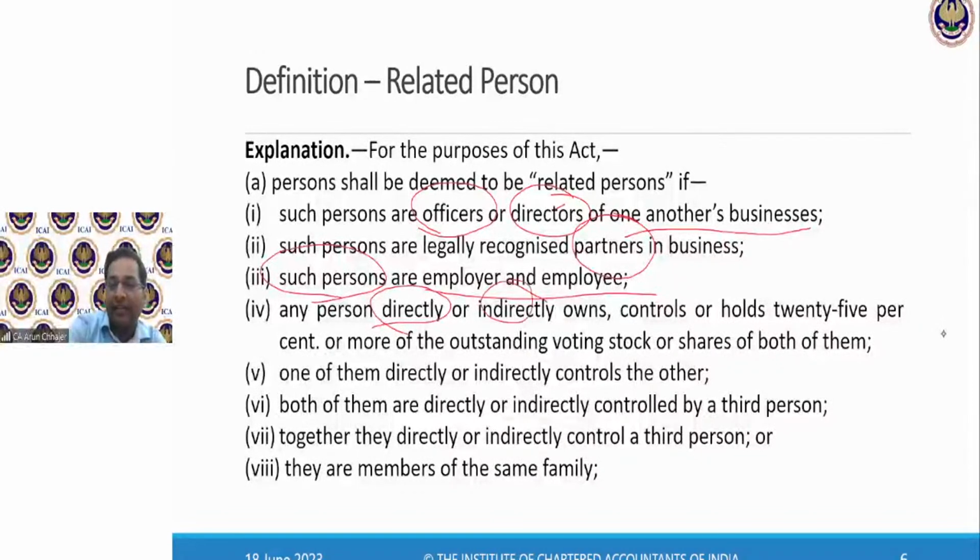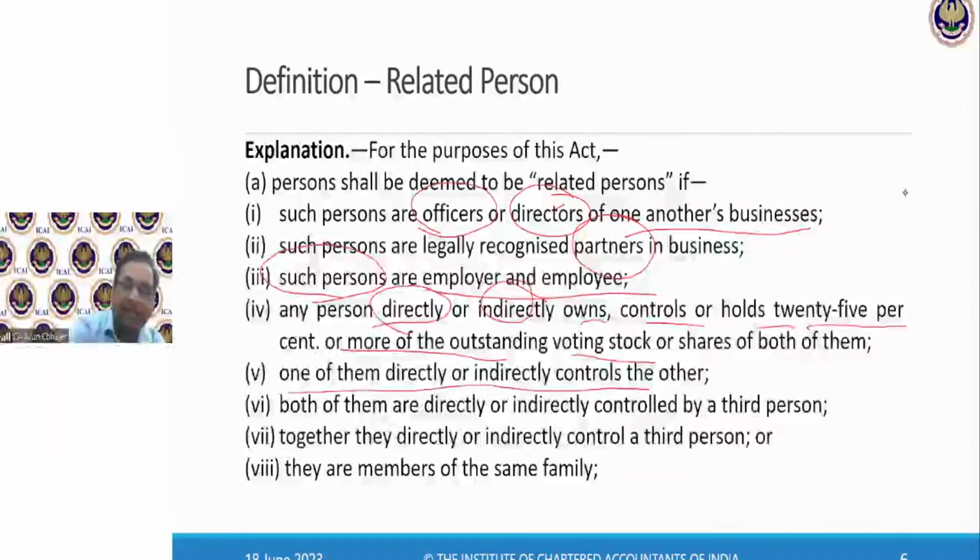Directly or indirectly own, control or hold 25% or more of the outstanding voting stock or shares of both of them. So if any person holds stock of 25% or more, they will be considered related persons.